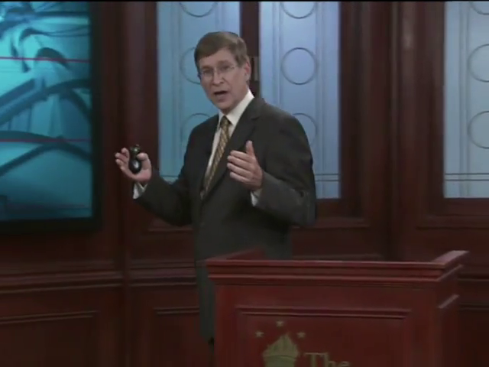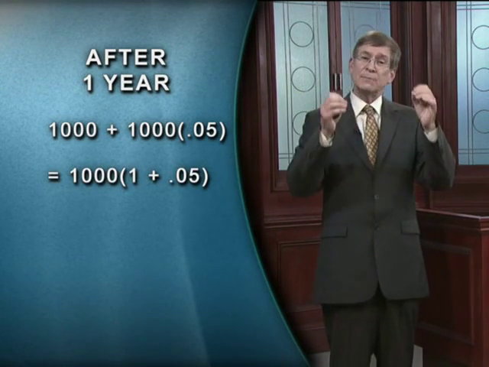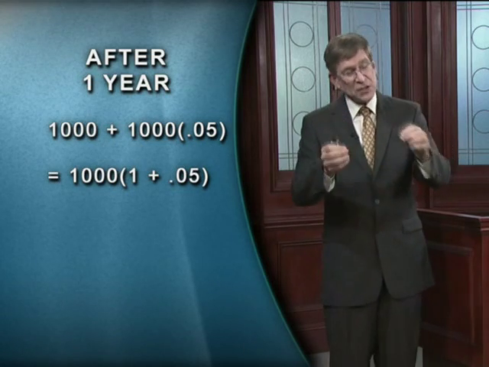Let's figure it out. You start off with $1,000 and you earn interest on that $1,000 at 5%, which means you multiply by 0.05. So after 1 year, we have the original $1,000 plus the interest we earned, which is 1,000 times the interest rate, 0.05, or it's 1,000 times 1 plus 0.05.